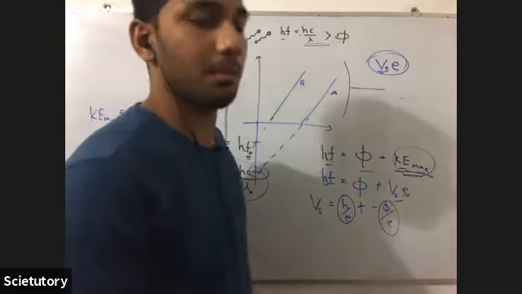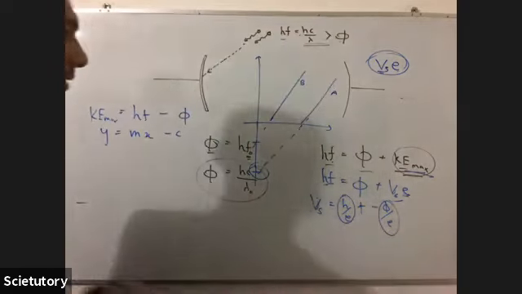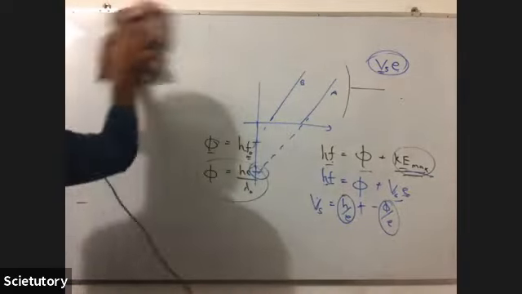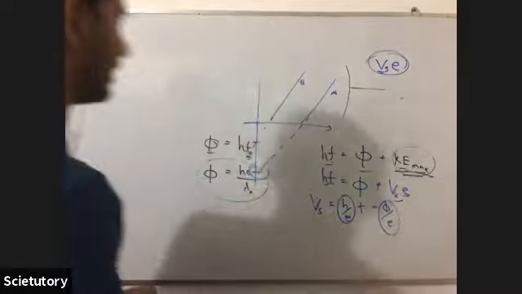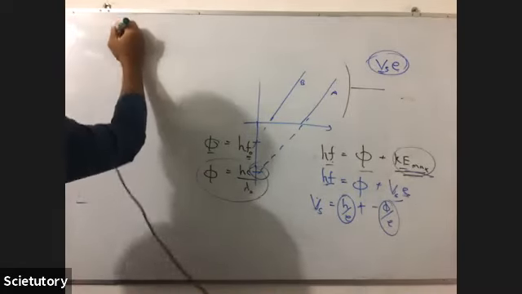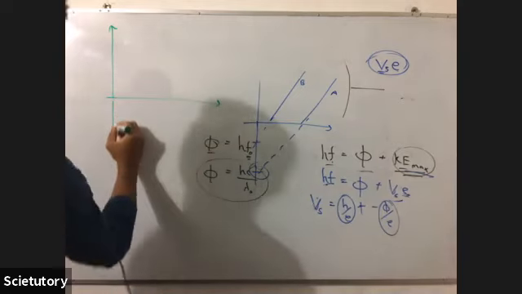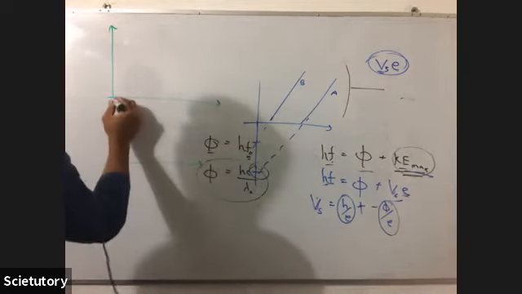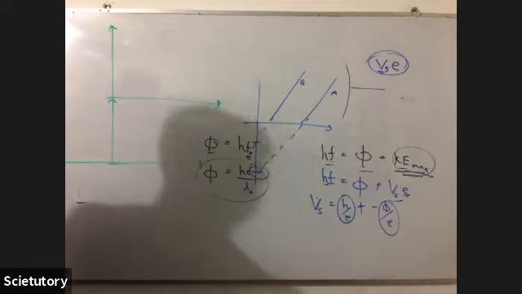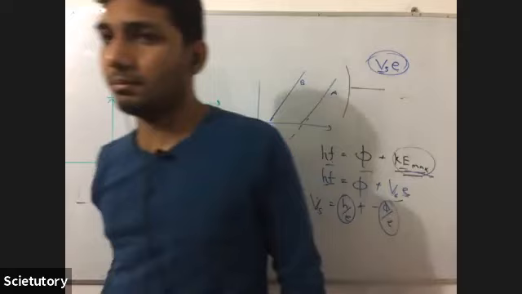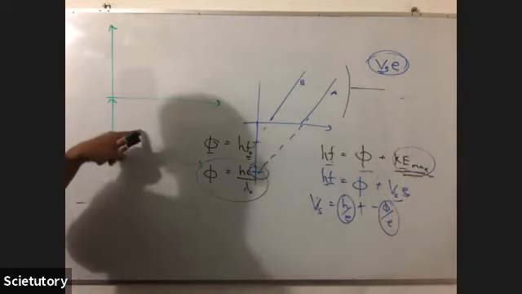Let's draw some other graphs also. What are the other graphs? Let's change frequencies, keeping the intensities of the light equal. And now let's change the intensity for a monochromatic wave: same color, same frequency, but different intensities.